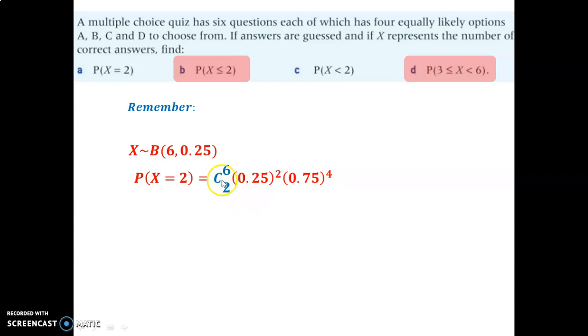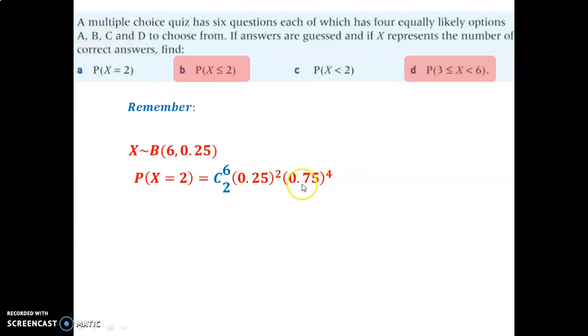And then along one of the paths to a correct answer, we're going to have to do 0.25 times 0.25, because there's a 0.25 chance of getting one of these as the correct answer, and then that will happen twice to get 2 correct answers. And then in the situation where you get 2 questions right and 4 wrong, well, to get a question wrong is a 0.75 chance, because 3 out of 4 of these will be wrong. Like B, C, D, for example, could be wrong.